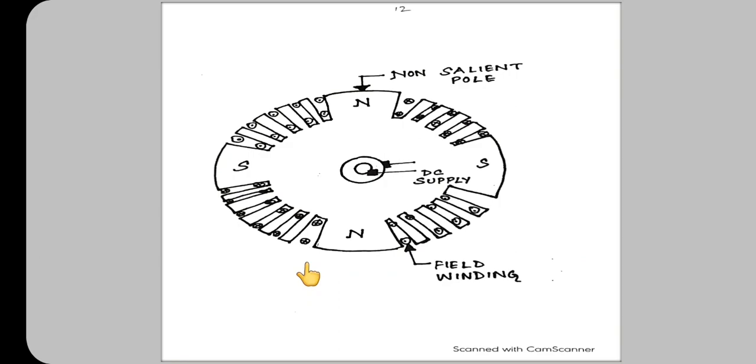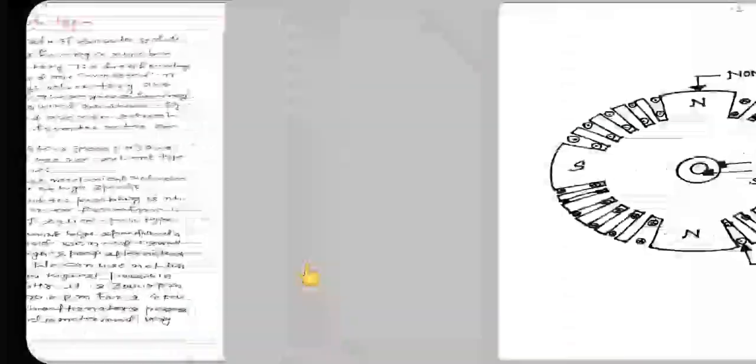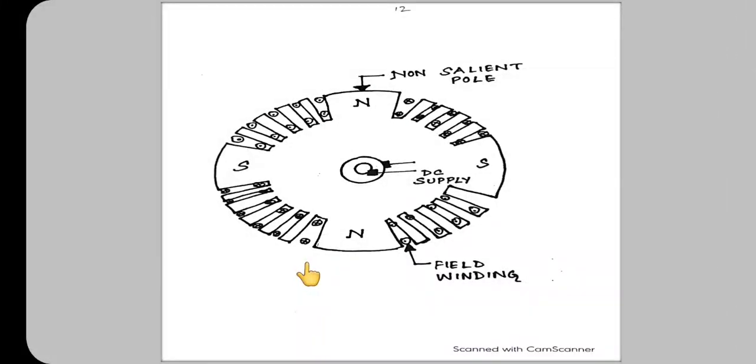So turbo alternators, or cylindrical rotor type synchronous generators, possess 2 or 4 poles and have small diameter and very long axial length. So this is all about the construction of three-phase alternators.